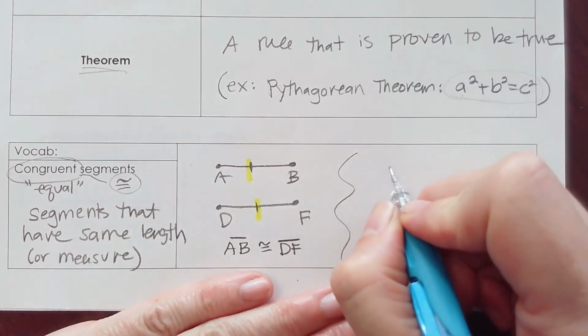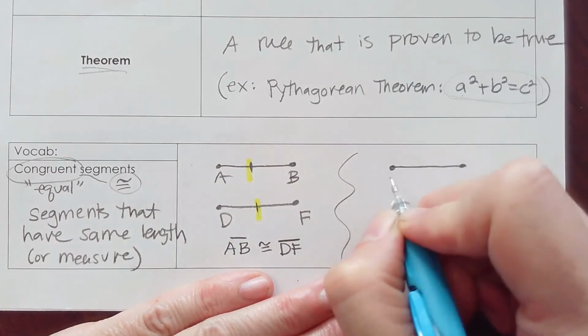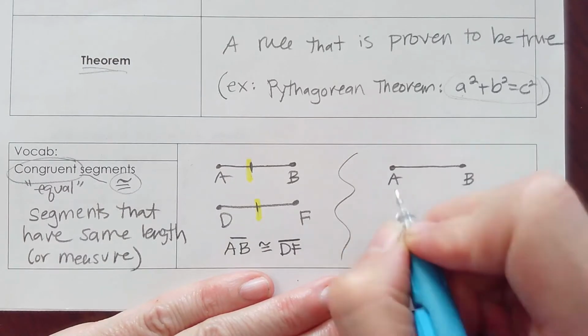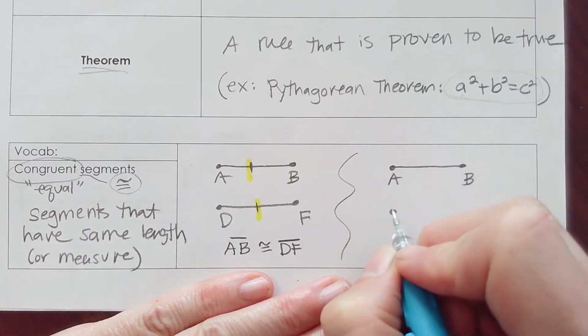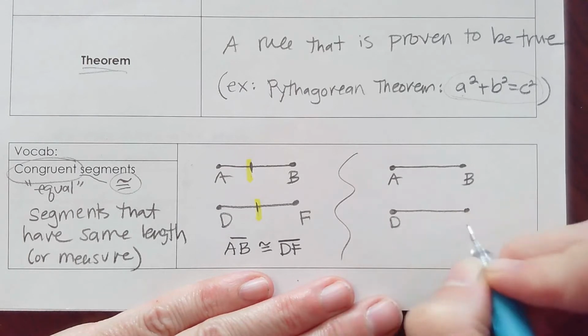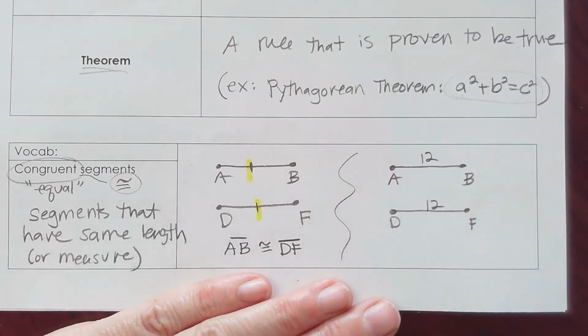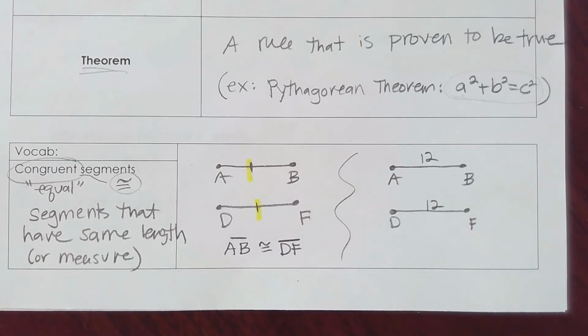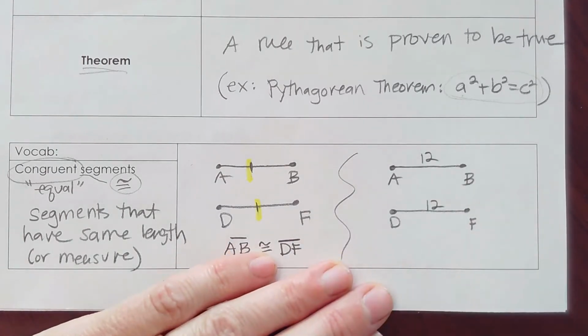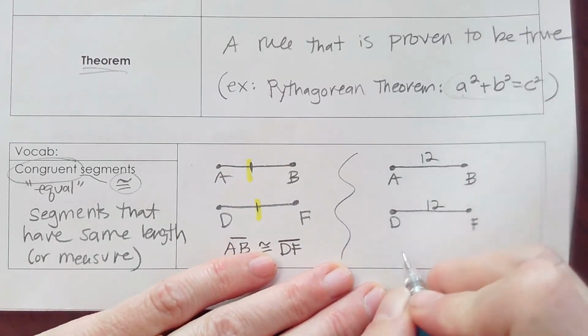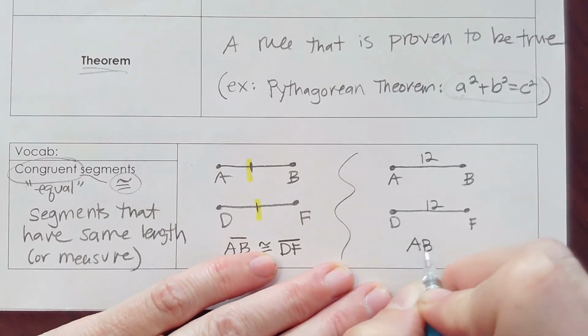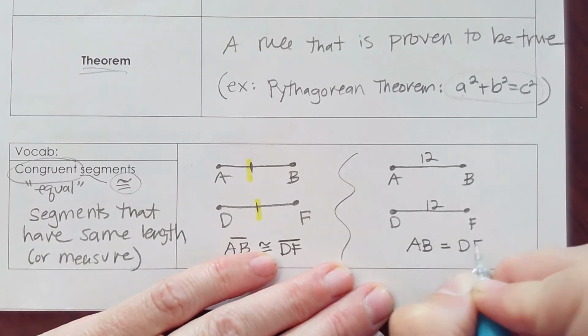Now let's draw a slightly different diagram. We're going to have segment AB and segment DF, but in this case I'm going to put numbers on these segments. Because now we have measures, we would say AB equals DF.